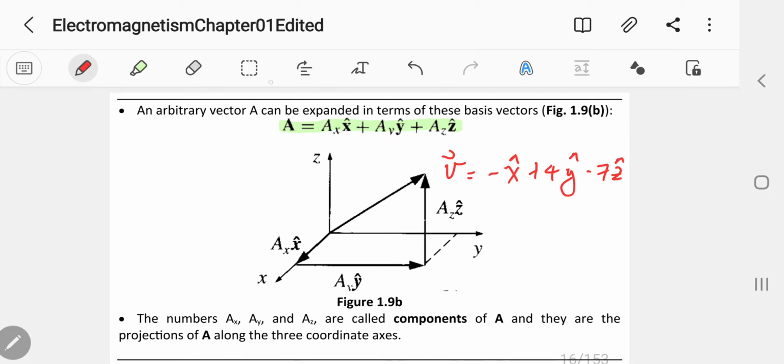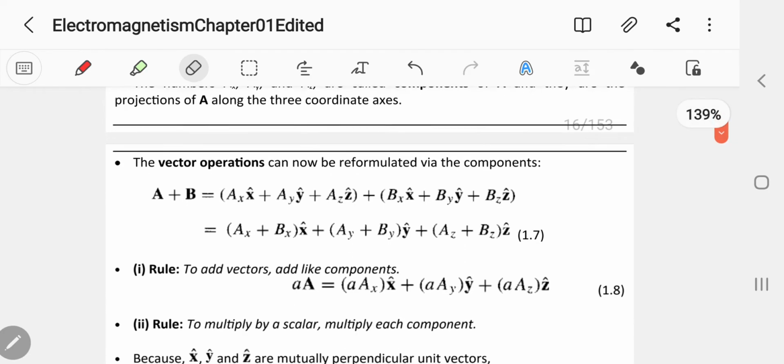That's just an example of a vector. So Ax, Ay, and Az are the components of A, or the projections of A along the 3 coordinate axes.